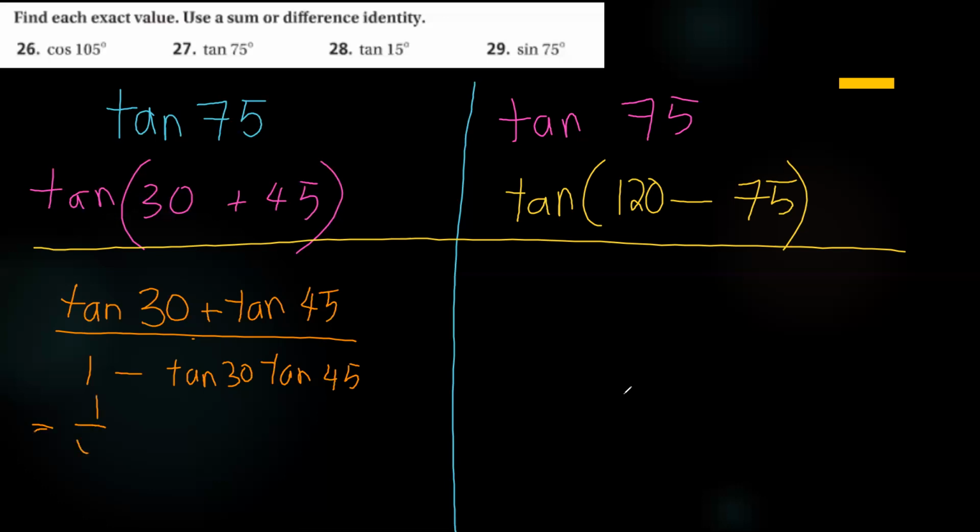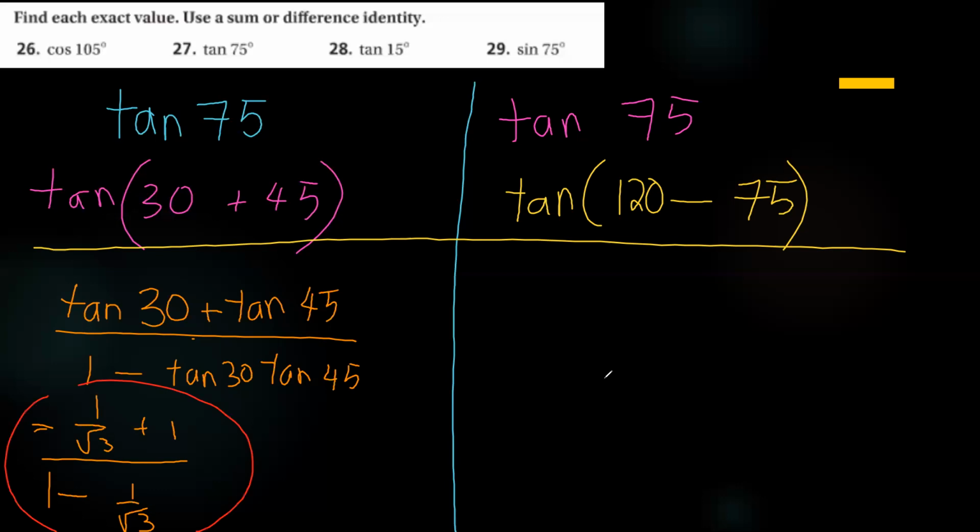So 1 over square root of 3 plus 1, over 1 minus 1 times 1 over square root of 3. So this is the first answer if you solve it by 30 plus 45.